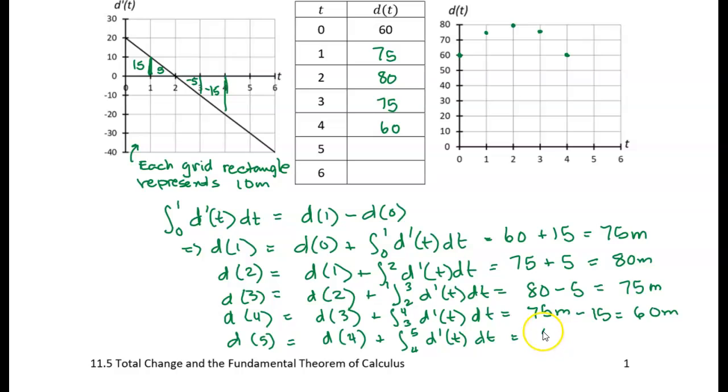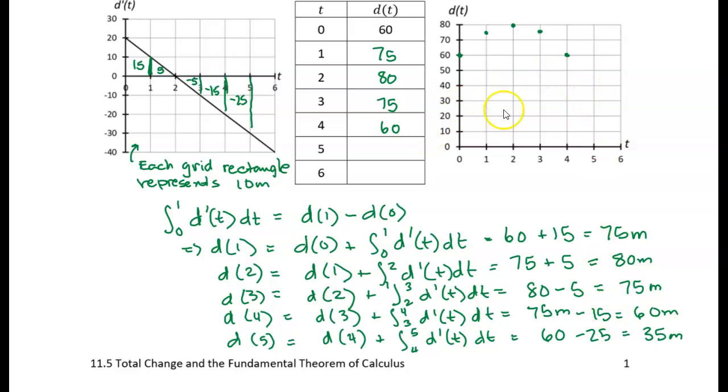And so I'm just going to take the 60, and you can see now the area between 4 and 5. It looks like I have negative 10, negative 20, negative 25. Okay, so this whole area is negative 25. All right, so I have to subtract 25 meters from 60 meters, which puts me at 35 meters.